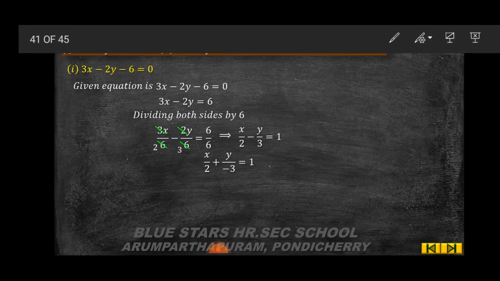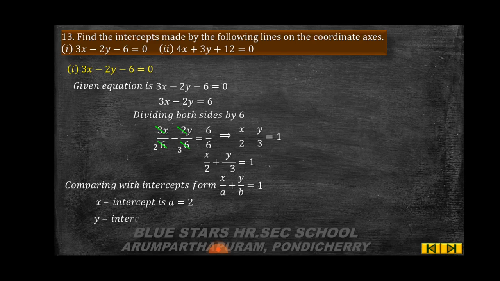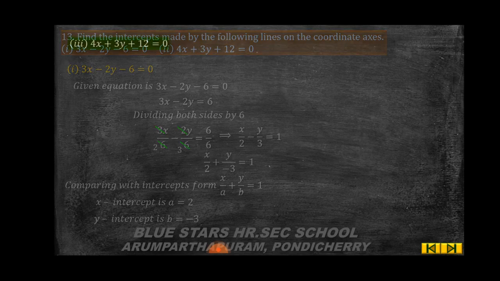Now it is in the intercept form, x by a plus y by b is equal to 1. So comparing with the intercept form, the x-intercept a value is 2. Similarly, the y-intercept b is equal to minus 3.